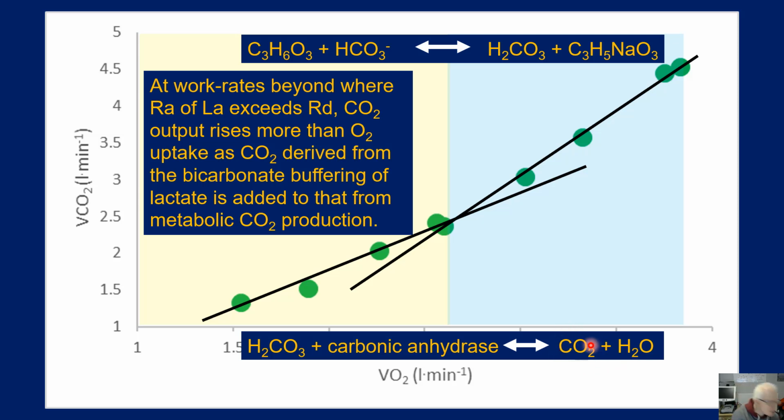Remember, you've got CO2 coming from the metabolic process of the tricarboxylic acid cycle, metabolism. And that amount of CO2 that's being produced, if that's all it was, is proportional to exercise intensity.